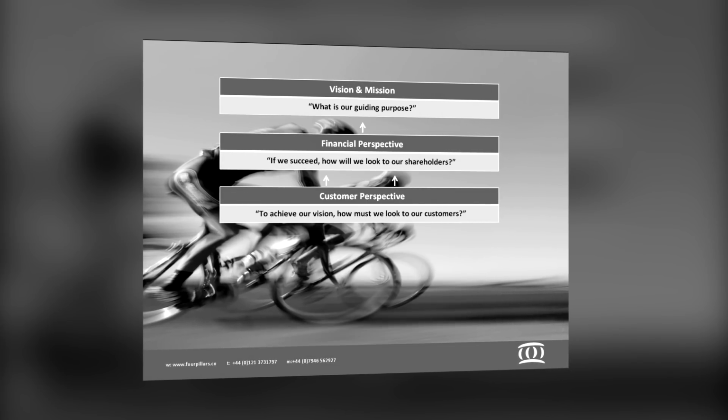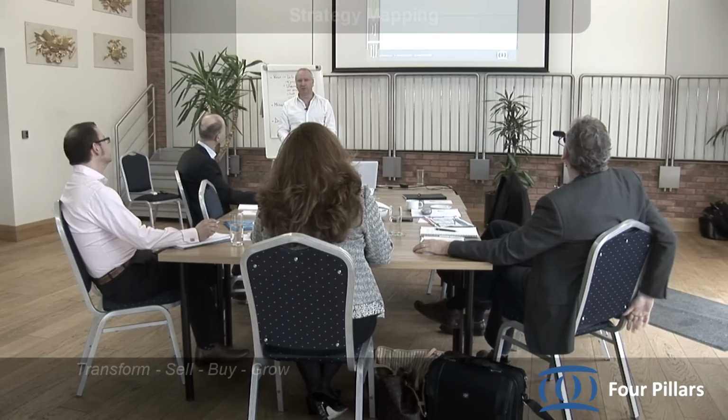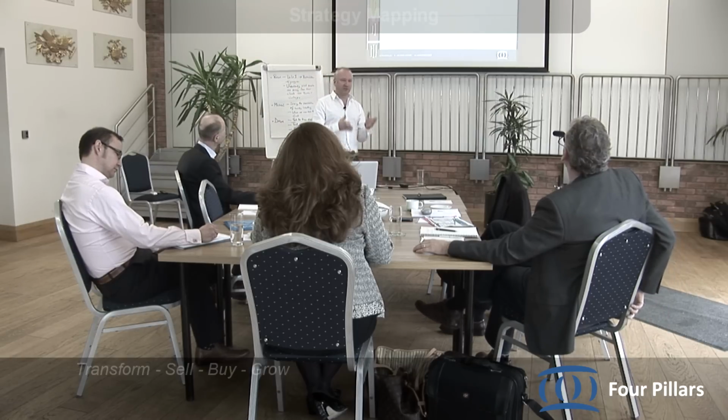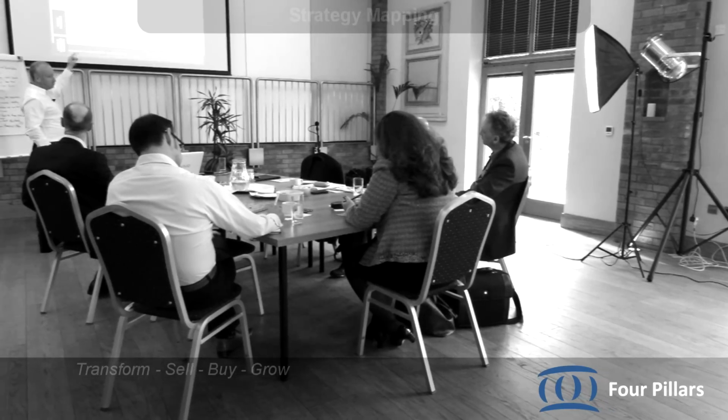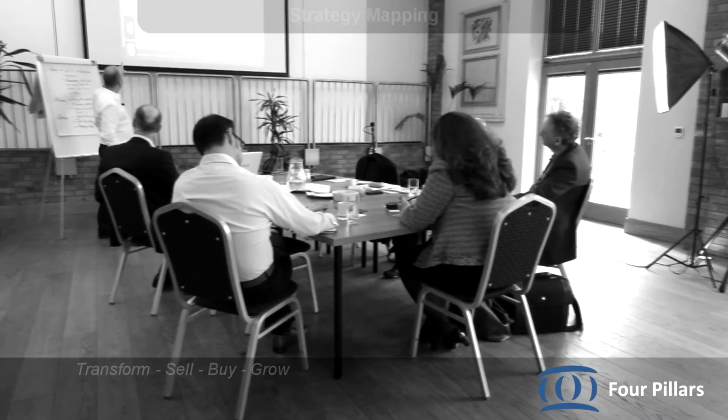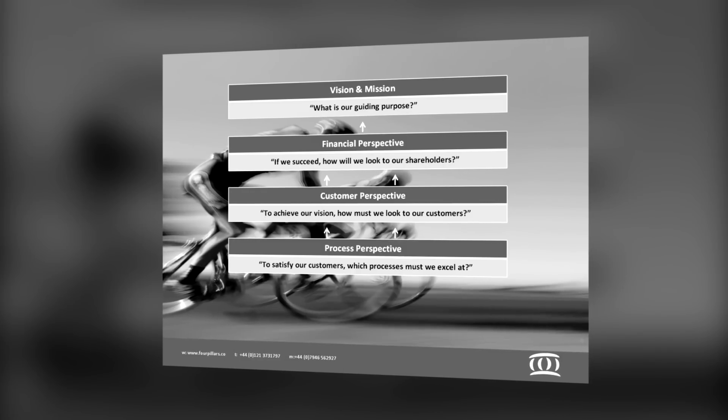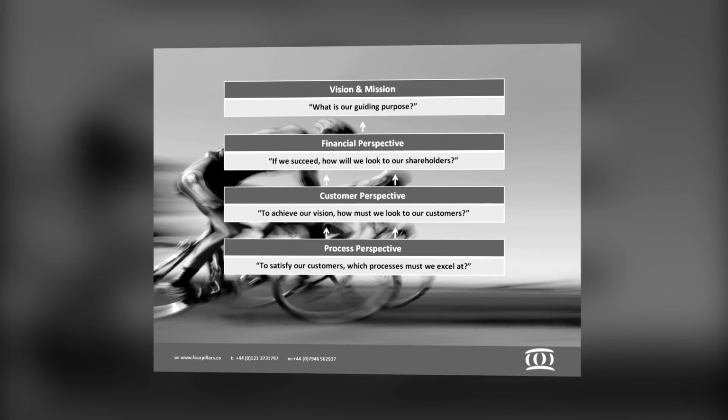But in order to serve those customers, you need business processes. You need to be clear about what you're actually doing. So the relationship between the customer perspective, which is around what are we providing customers, and the process perspective is how are we going to do that?